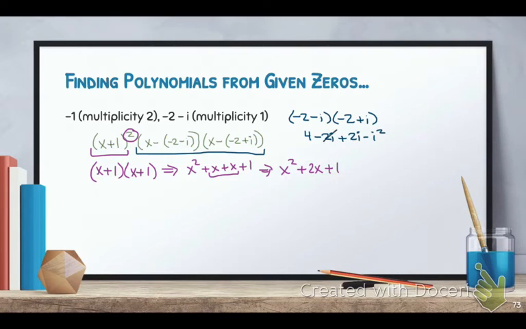Right? So these i's cancel out, and then of course we remember that i squared is actually -1, right? So this is actually -1. So that would simplify to 4 plus 1, right? Because this minus sign with the negative would become positive, which equals 5. Okay?